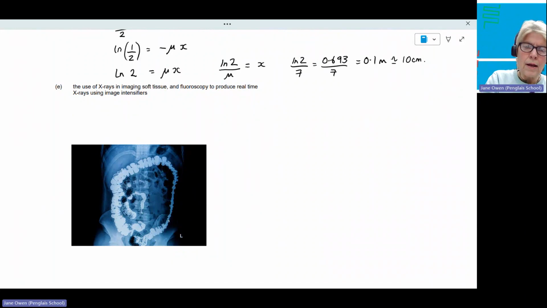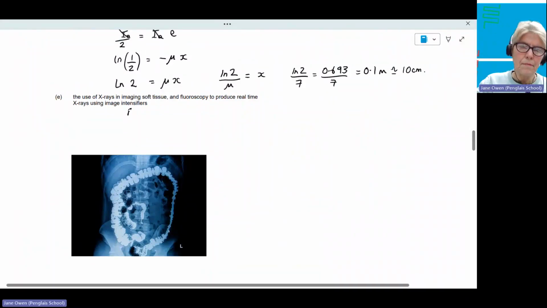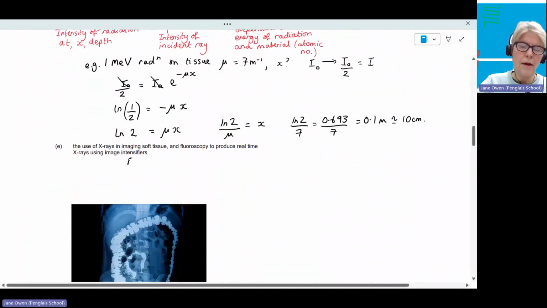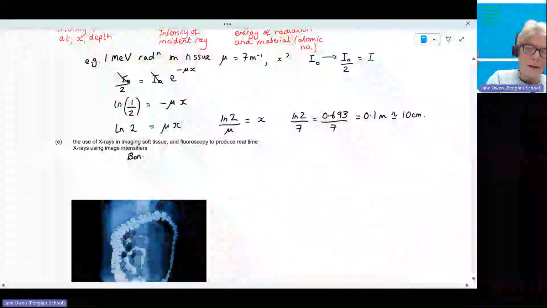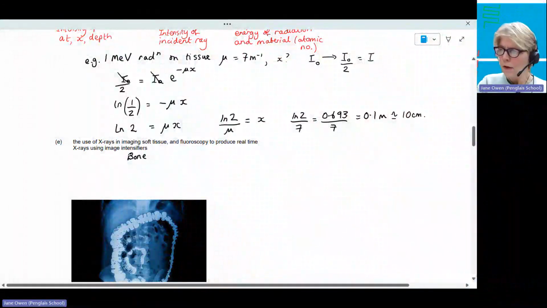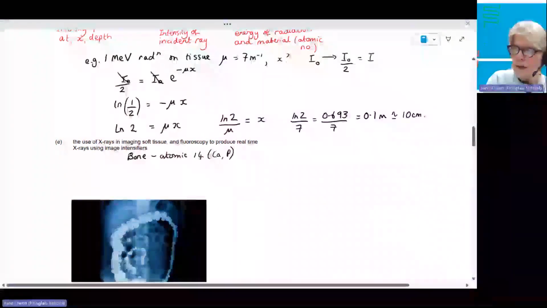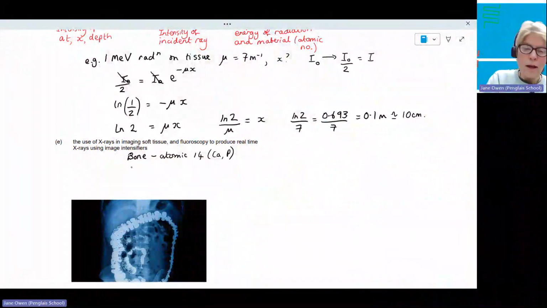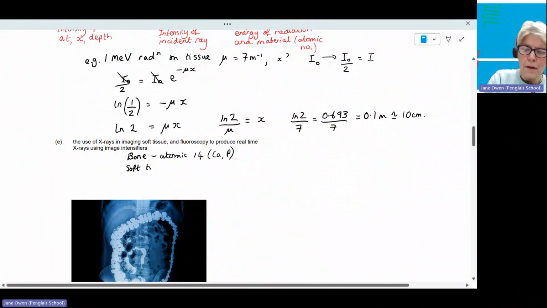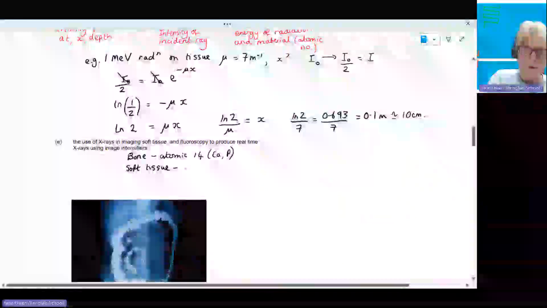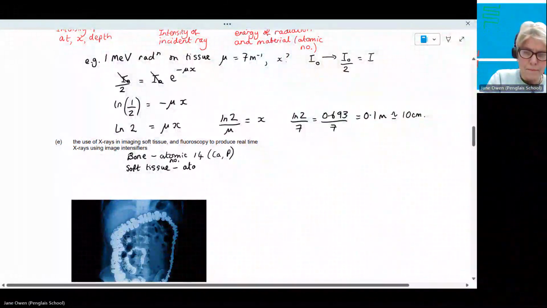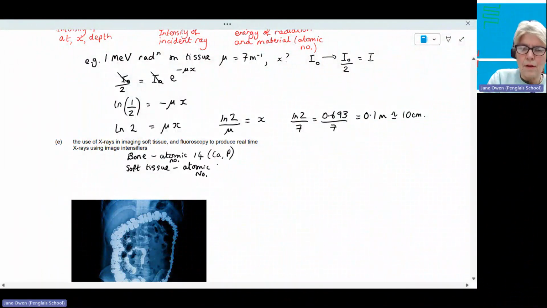So I'll address the next part, the use of X-rays in imaging soft tissue. Bone has an atomic number of around 14, because you're looking at calcium and phosphorus, whereas soft tissue has an atomic number of around 7, so kind of like half.